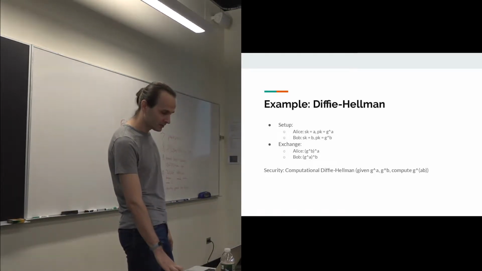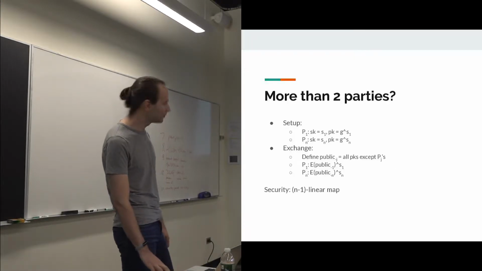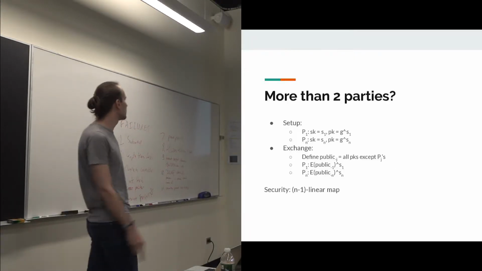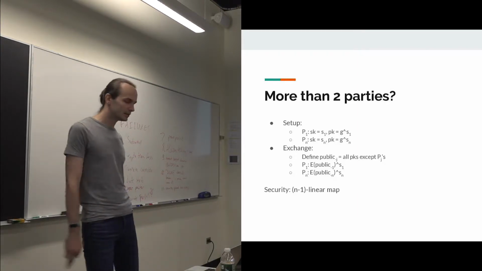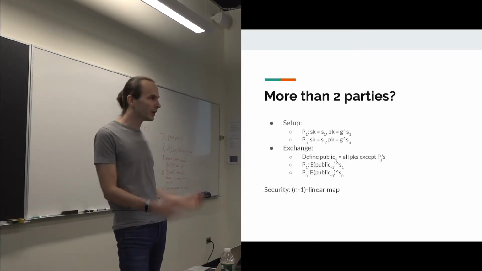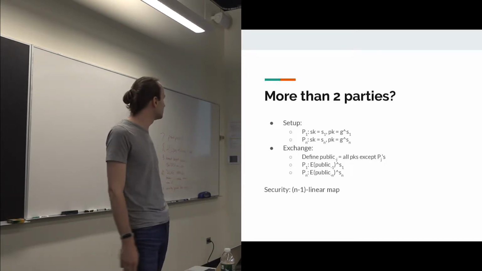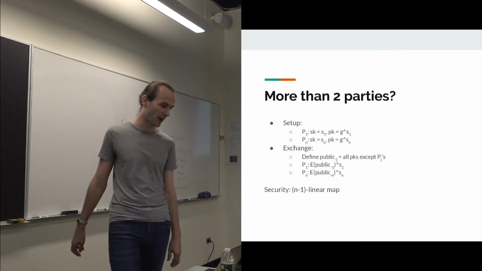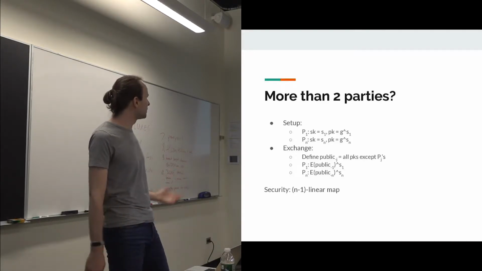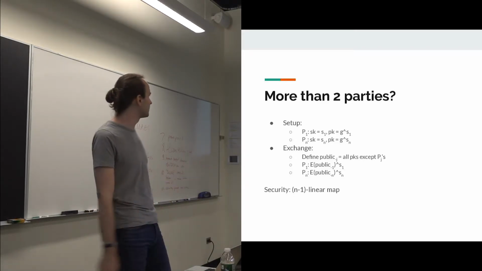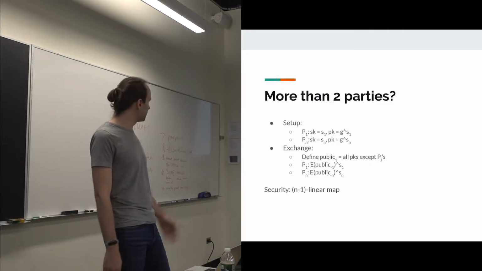Cool. Can you extend this to many parties? Yes, you can. If you want to keep it non-interactive, you can do it easily with an n-1 linear map. It's kind of the same. Each party samples their own secret and publishes their own public key.